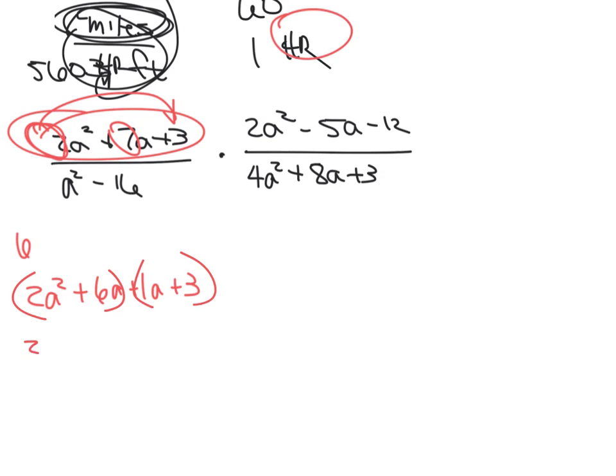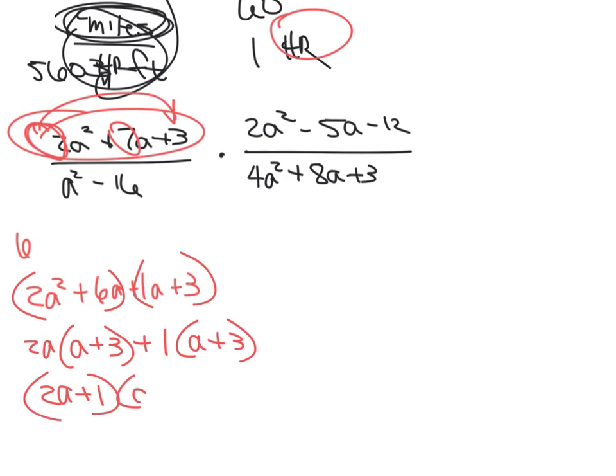So I'm going to take a 2a out, and I'm left with an a plus 3. And I'm going to take a 1 out. And then I have 2a plus 1 and a plus 3. Get used to doing that. This procedure will not go away. That is the simplification of that top one.